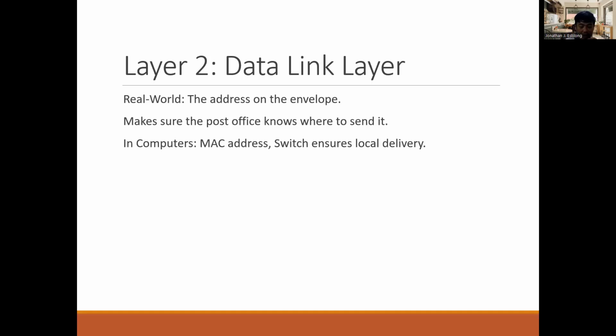Without the correct address, the post office won't know where to deliver the letter. Like in computers, every device has a unique MAC address that works like a house address. Switches in a local network use this address to send data to the correct device.